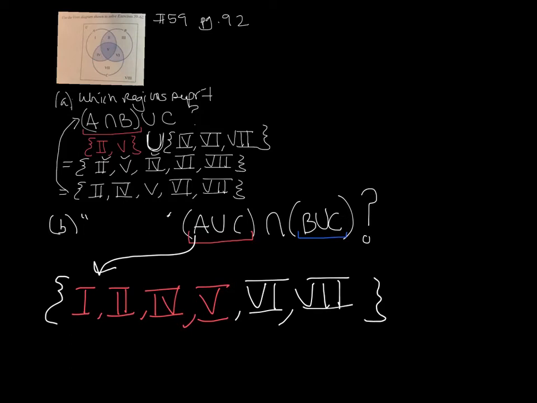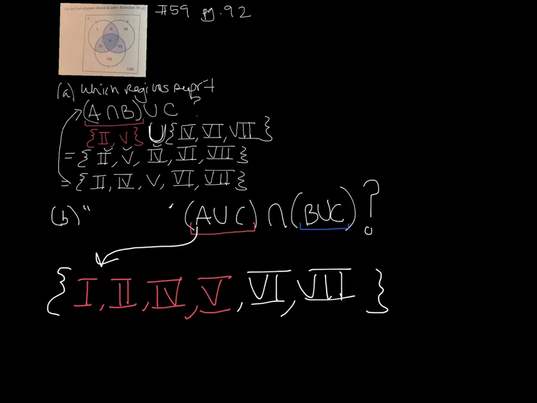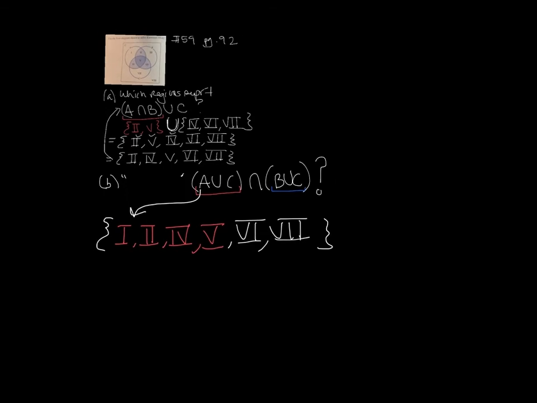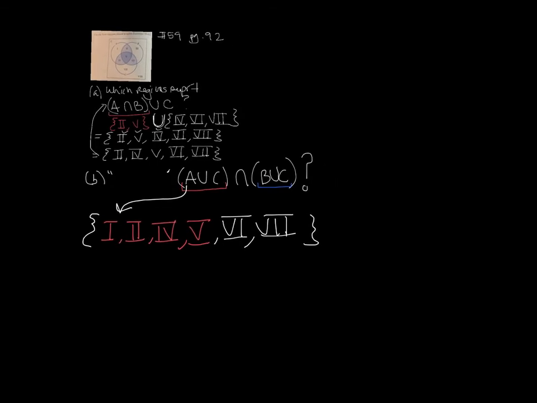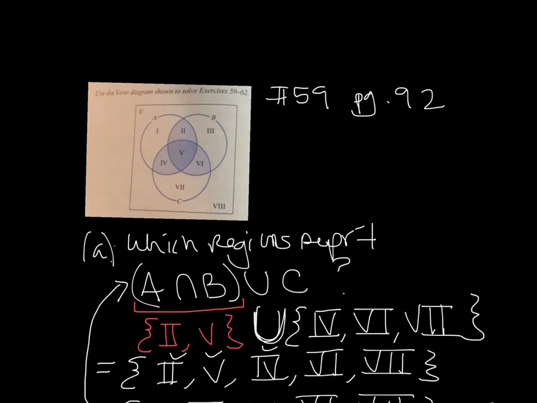Now let's write the second set, B union C. I think this is A union C, okay, that's what A union C is right there. B union C. Okay, we list the elements of B. What are the elements of B?